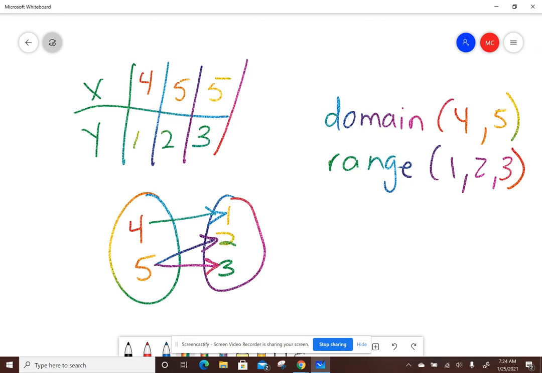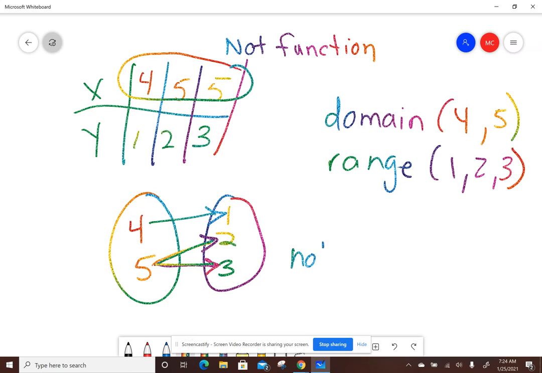Now, let's look at what happened. We see an x value repeats. When an x value repeats, it's not a function. If you look at mapping, there's 2 arrows coming out of the 5. That's not a function. So a function is when for every x, there's only one y.